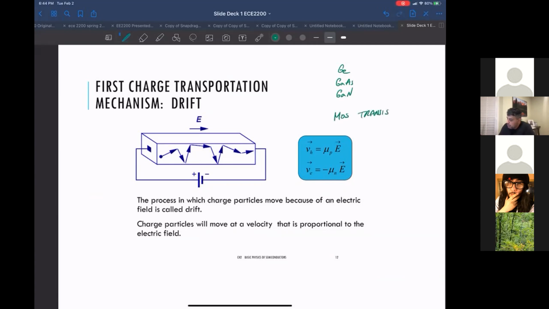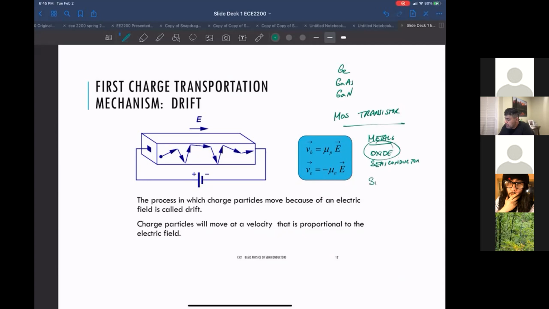So all the chips in your iPhone, whatever, are using this MOS transistor. And a very important part of this MOS transistor is its oxide. MOS stands for metal oxide semiconductor.